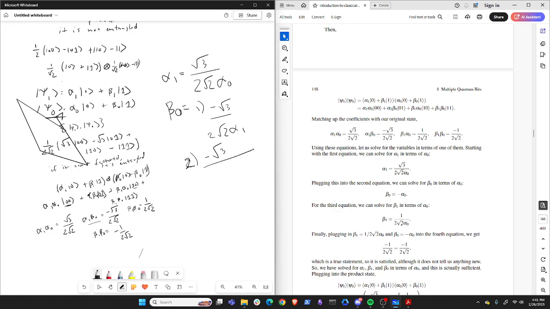Multiplied by square root of 3 over 2 square roots of 2 alpha 0, these 2 square roots of 2 will cancel out, and we'll be left with negative square root of 3 over square root of 3 over alpha sub 0.